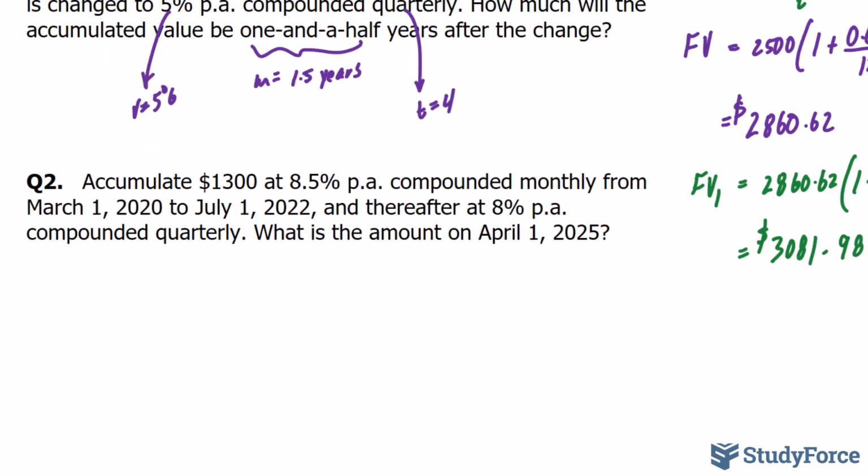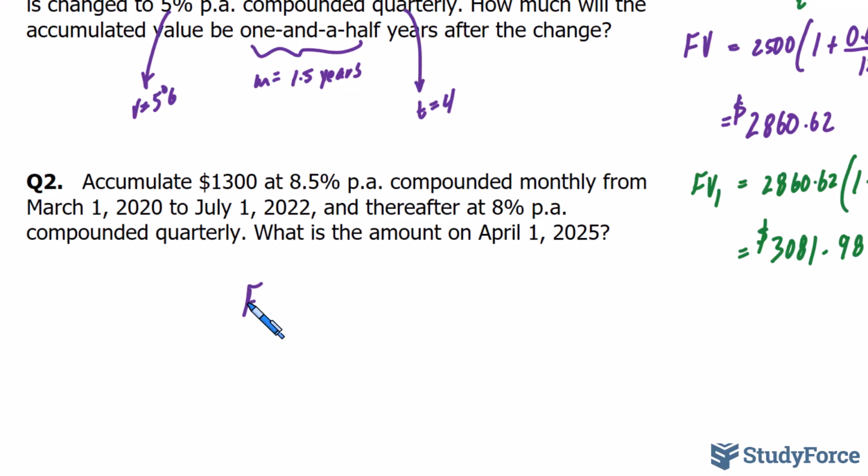Accumulate 1,300 at 8.5% per year compounded monthly from March 1, 2020 to July 1, 2022, and thereafter 8% per year compounded quarterly. What is the amount on April 1st, 2025? So let's find the future value for the first term that lasts from March 1st, 2020 to July 1st, 2022.